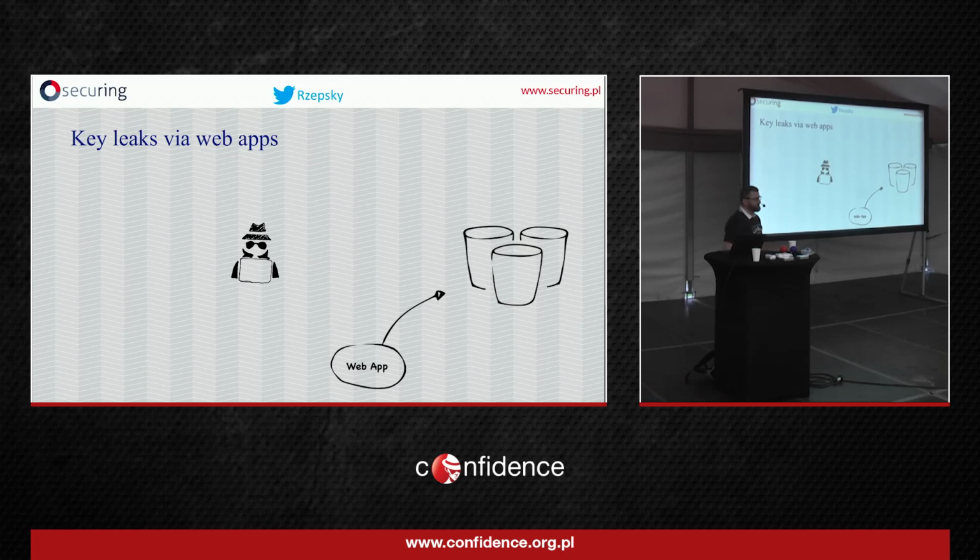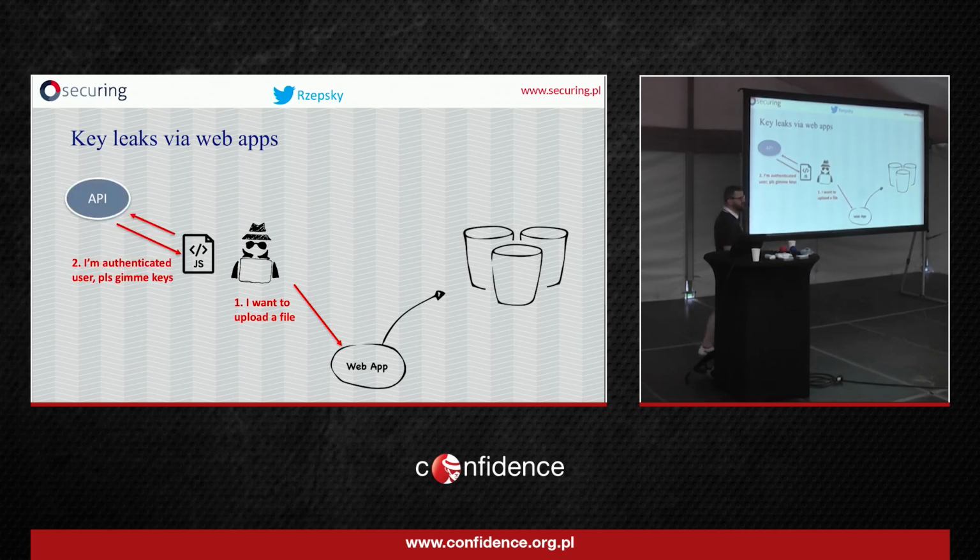Key leaks from web applications. This is not very well known. This is actually an example of one of my projects. There was a web application which has the simple functionality of uploading a file. However, when you intercept the traffic, you could observe that there is a JavaScript which is asking an external API for the keys.